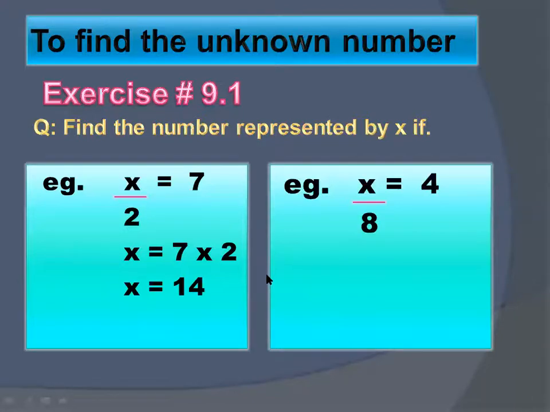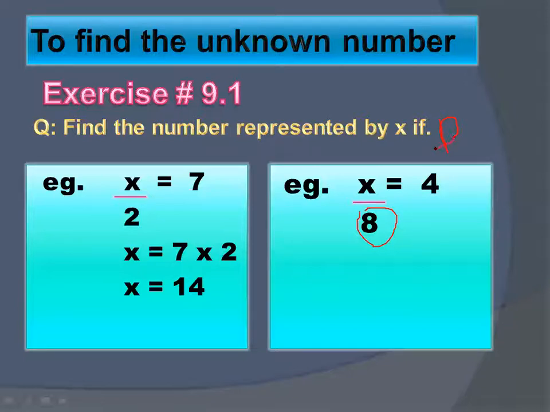Here you have x upon 8 is equal to 4. Now what will you do here? Simply shift this coefficient, that is 8. The coefficient is dividing with the variable, so you have to shift this 8 onto the right side.